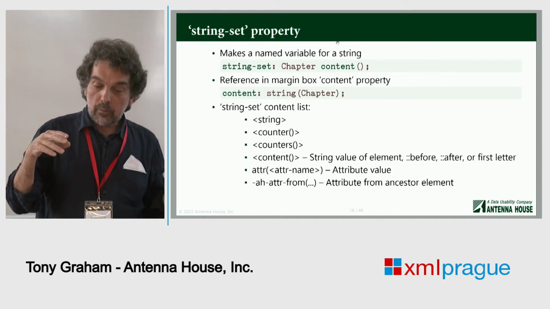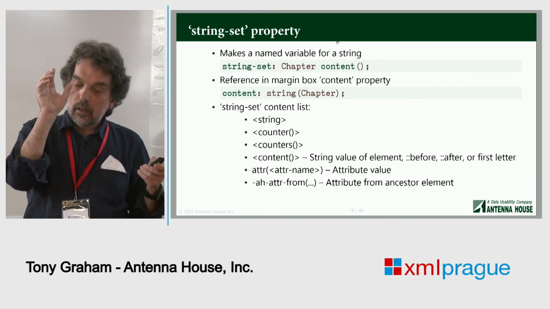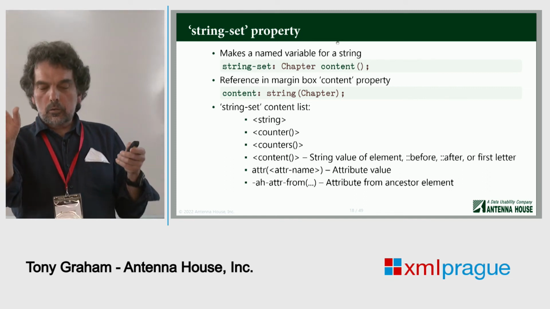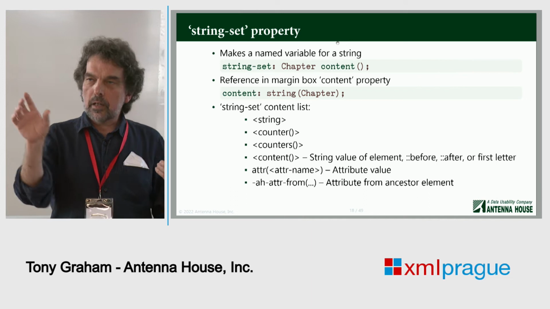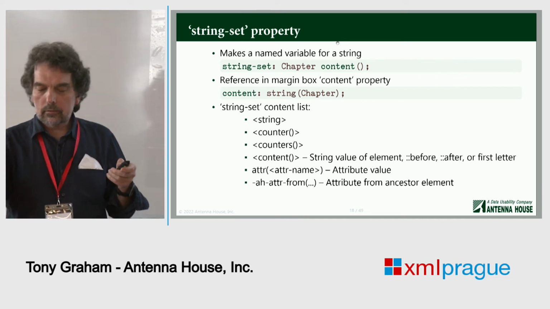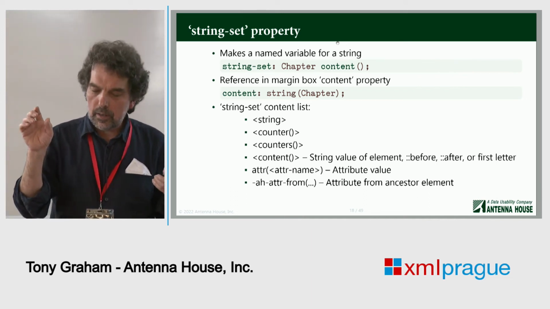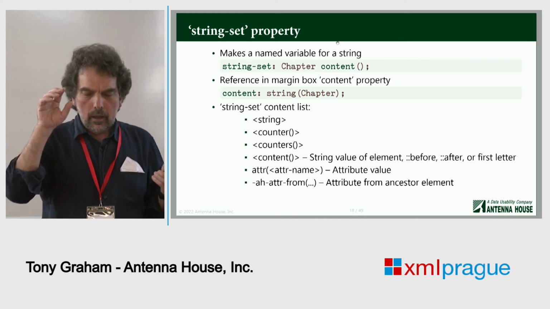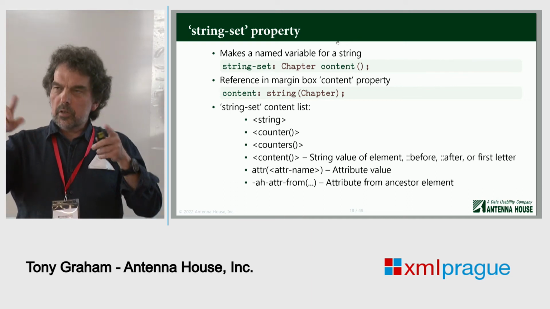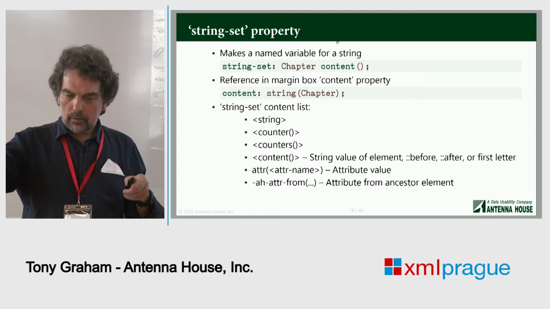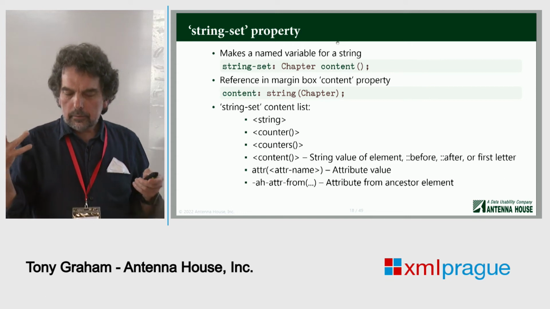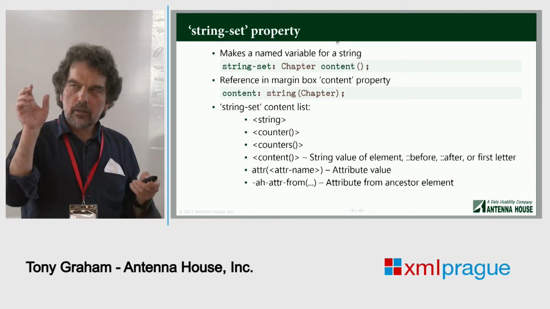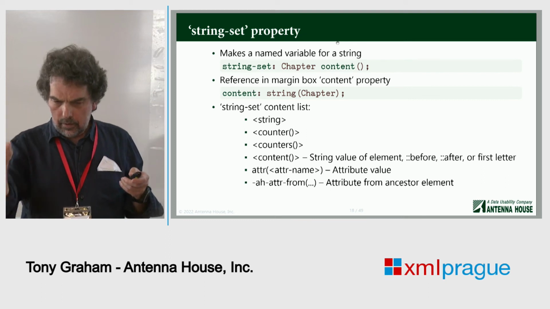Here are bullet points to cover pretty much what I already said. In your CSS rule, you use string-set to give a name that you're going to use for the string content of the current element. And in the page margin box, you use the string function to refer to that. It's not just the string content.